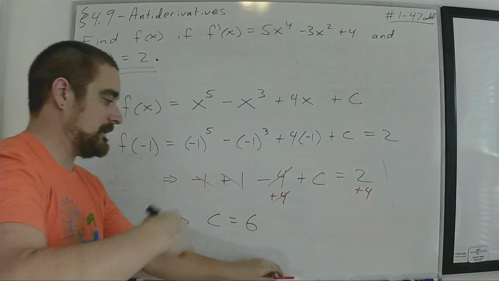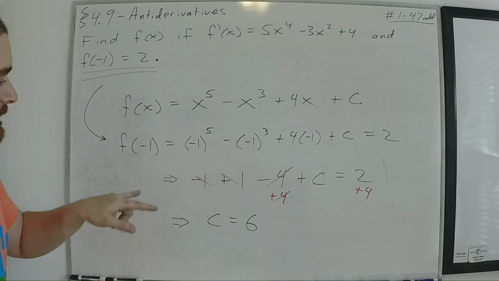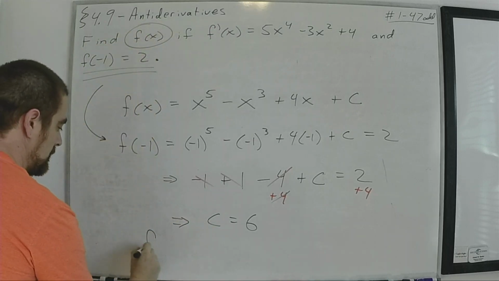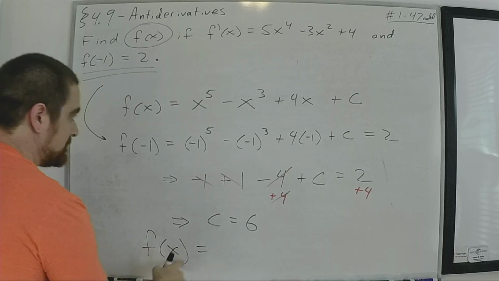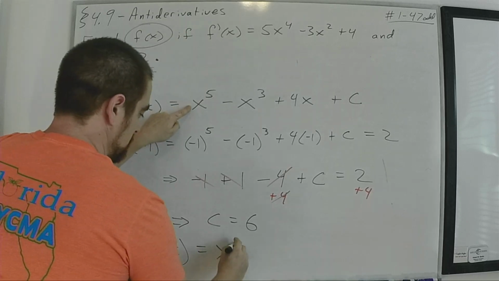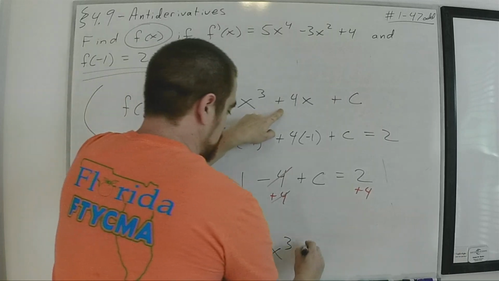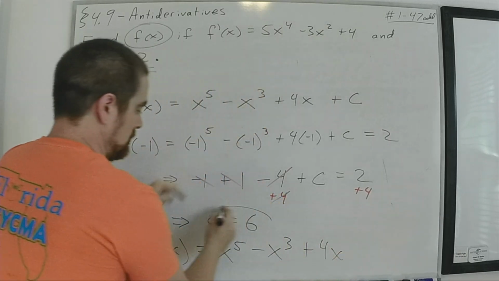So given that extra information, you can now use it to find f of x. F of x must be x to the fifth minus x cubed plus 4x plus 6.